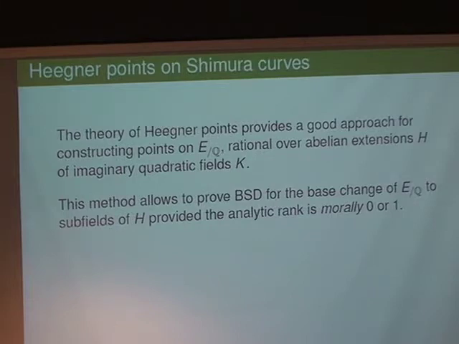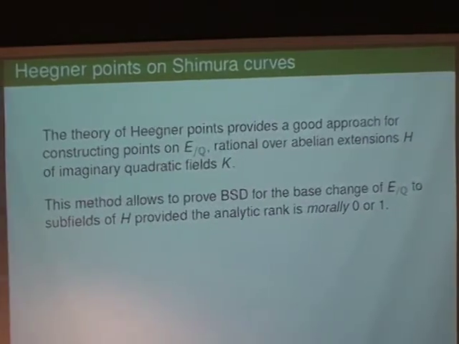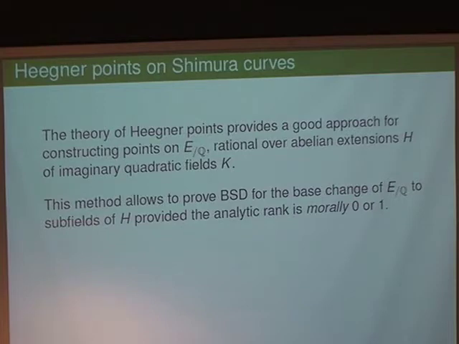So I think what is important to keep in mind is that we know how to prove specific cases of BSD when E is over Q. I take an imaginary quadratic field K, a ring class field H over K, and we look at the rational points over this H. If the analytic rank is 1, each of the factors is 1, then we know how to do it.